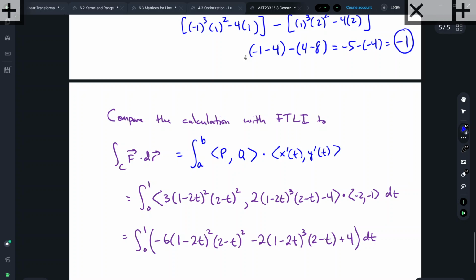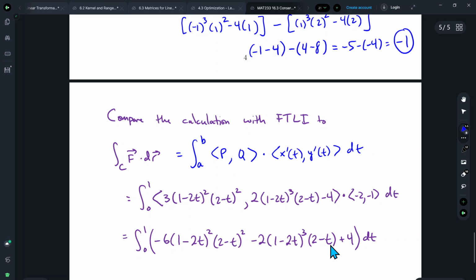Written out, it means calculating this ordinary integral. You'd have to expand this out, but basically it's just a polynomial, so it's possible.